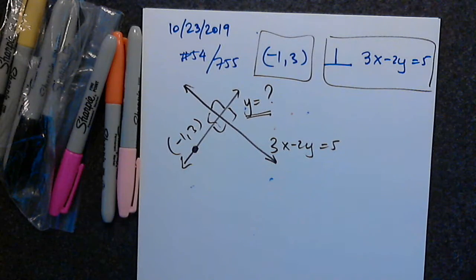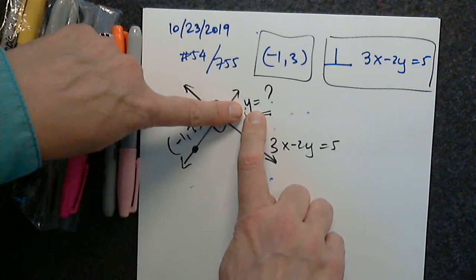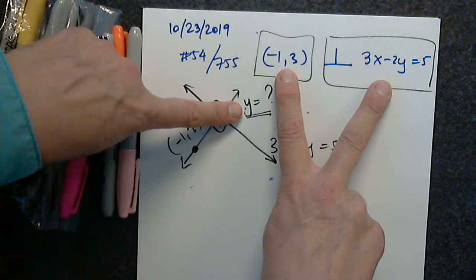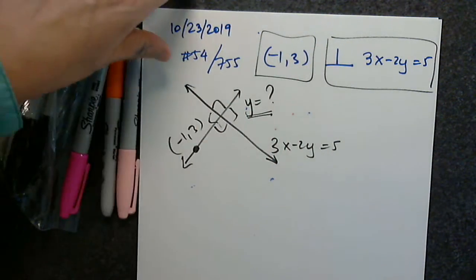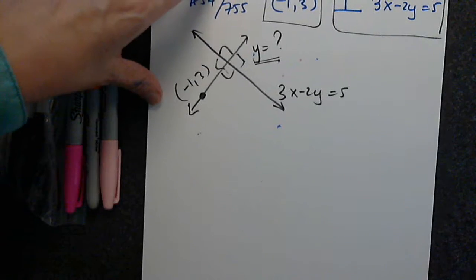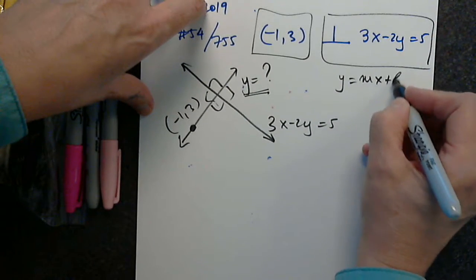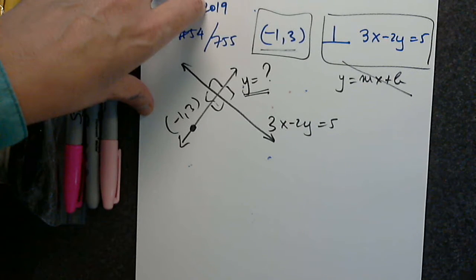Okay, so how do we determine this? Having two pieces of information, that's our question here. I have two possible equations to work with. Y equals mx plus b. No, because the given point is not 0, a number.